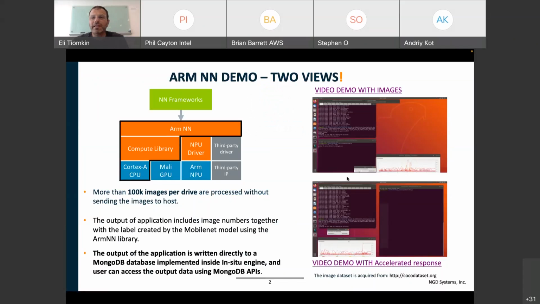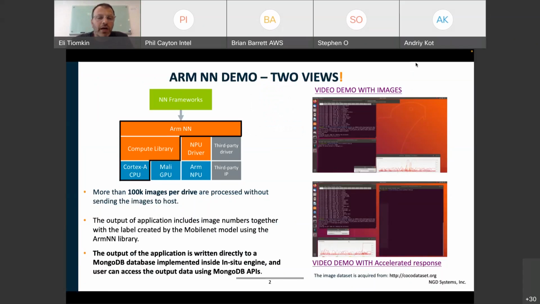So today's demo that I'm going to show you is around images. NGD Systems enables the ARM neural network package to run inside the SSD. So the neural network framework, that entire block that you see, is running on each individual drive.